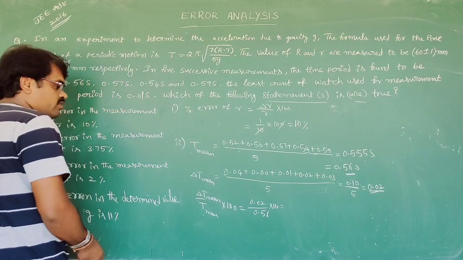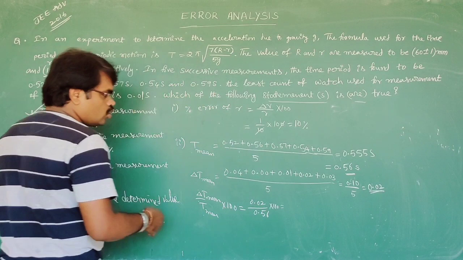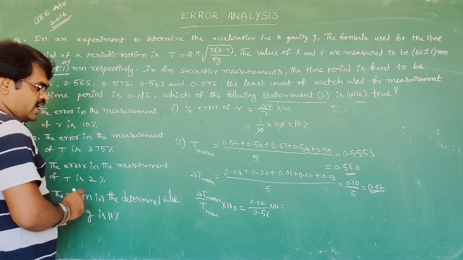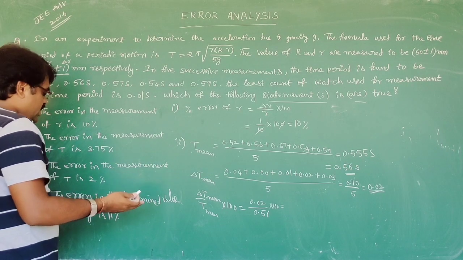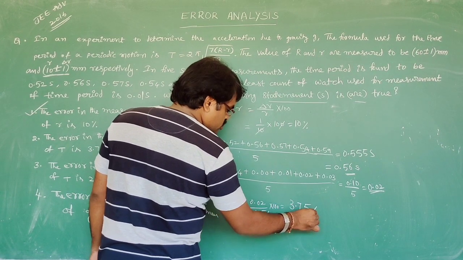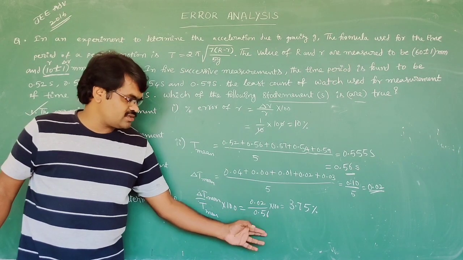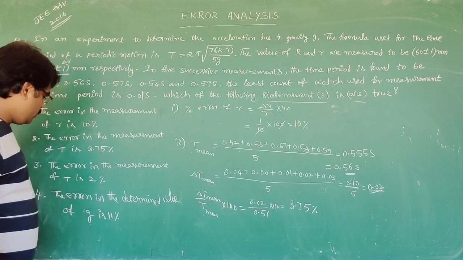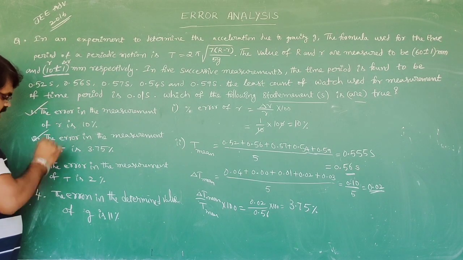Calculating 2 by 0.56, we get 3.75%. So this option is correct.